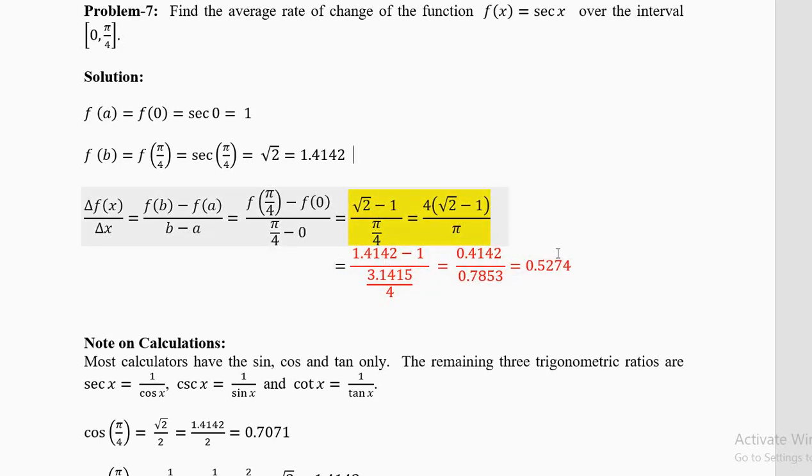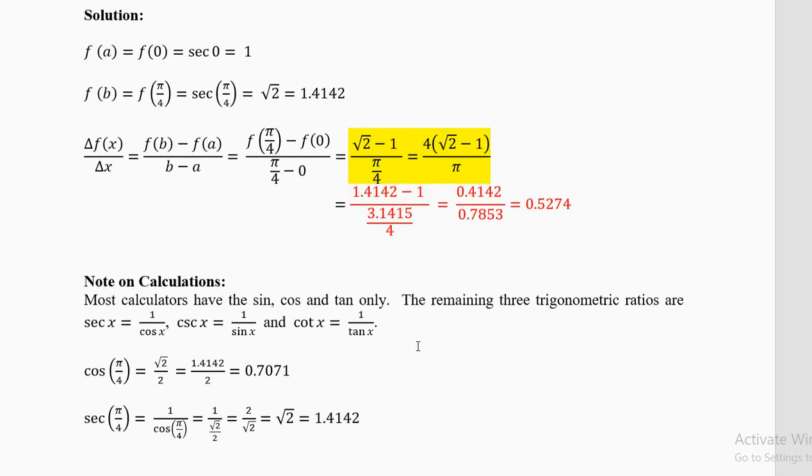Root 2 is 1.4142 minus 1, you will get 0.4142. Divide pi by 4, you will get 0.7853. 0.4 divided by this 0.7, all these numbers, you will get 0.5274.